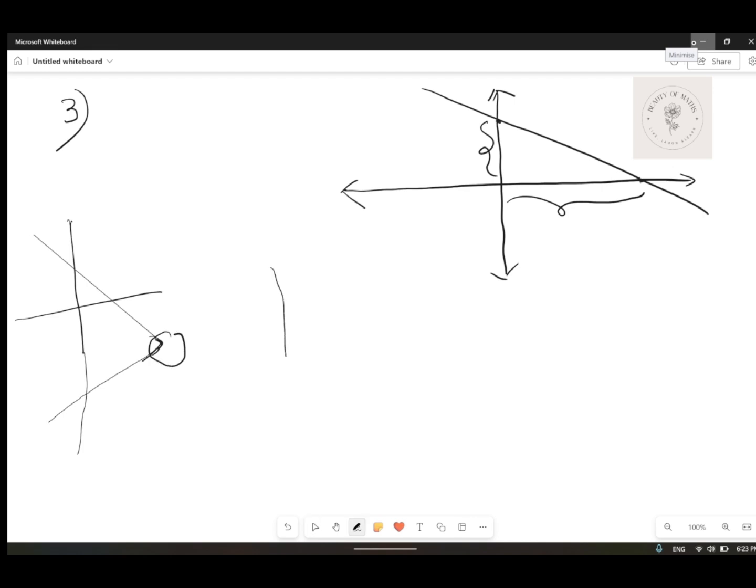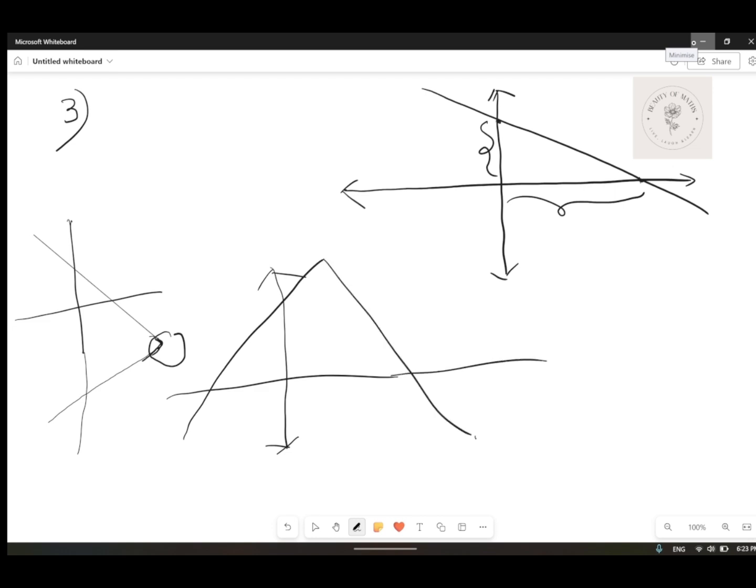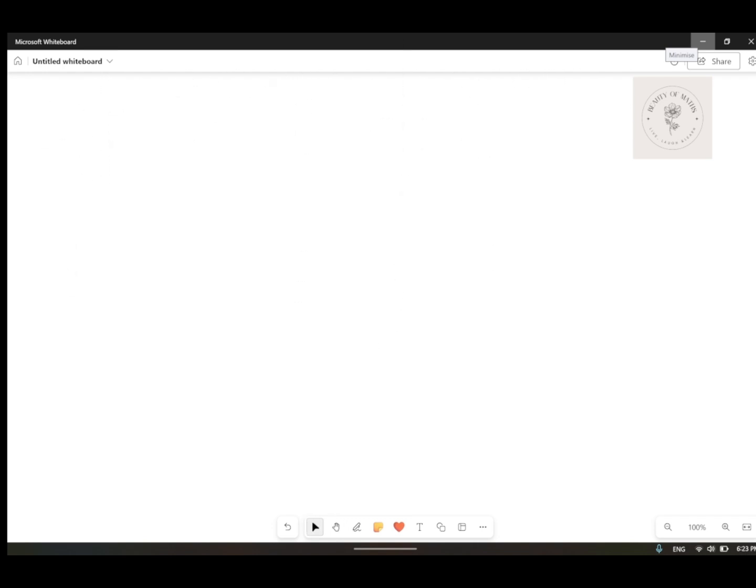You might think, oh, this is a straight line, but no, because we do not consider this bending here. So this is our straight line. For clarity, a straight line touches the x-axis and y-axis just once.